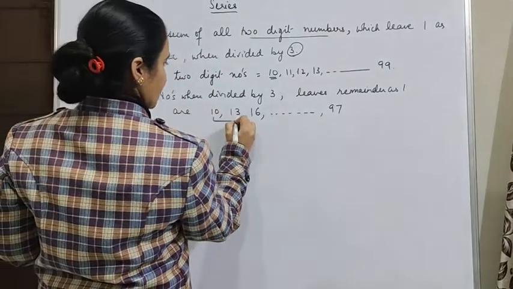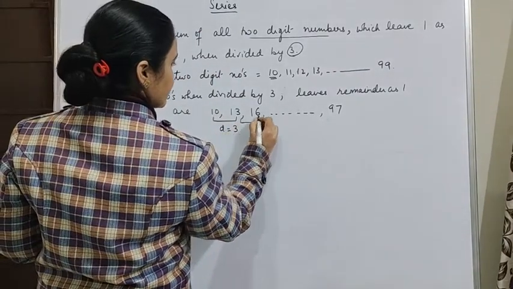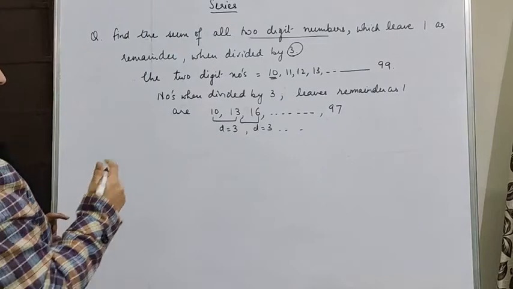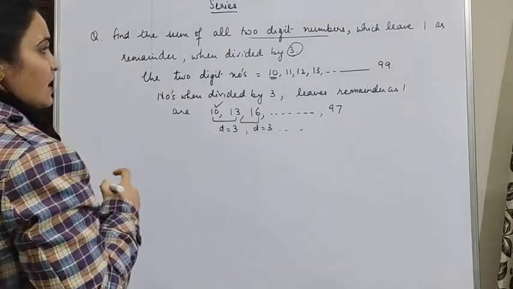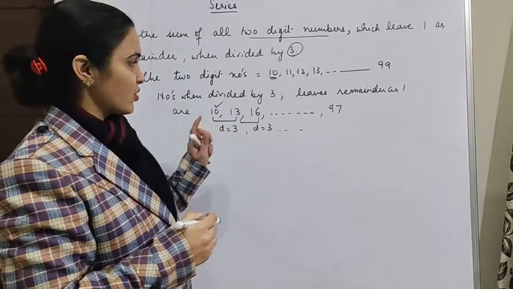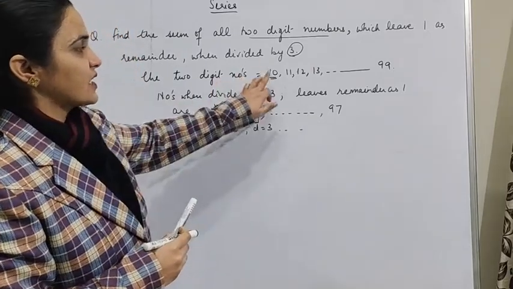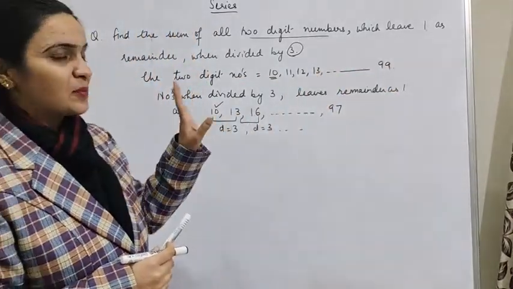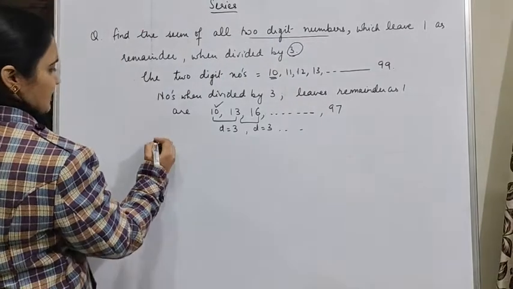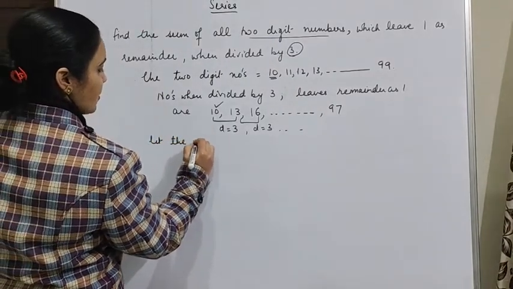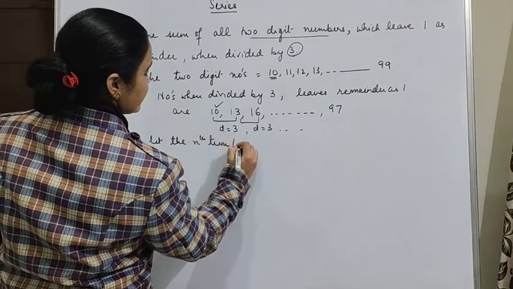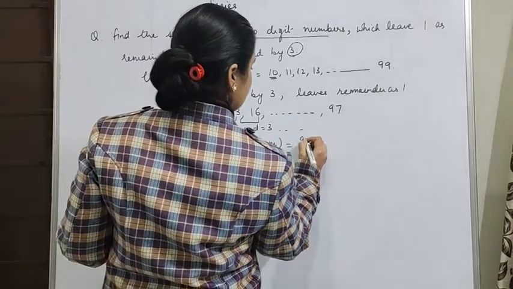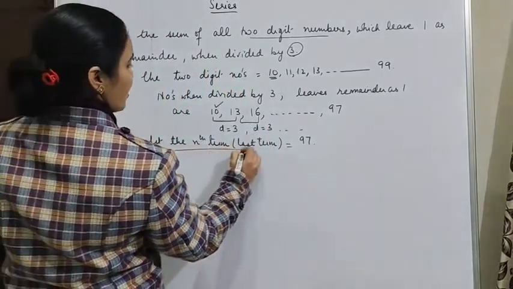If you check, you will get common difference as 3. This difference is also 3. So we have common difference as 3 and first term as 10. Now we want to find how many terms are there between 10 and 99 which when divided by 3 leave remainder 1. So find n. Let the nth term, or you can say the last term of the AP, be equal to 97, and we know the formula of the nth term.